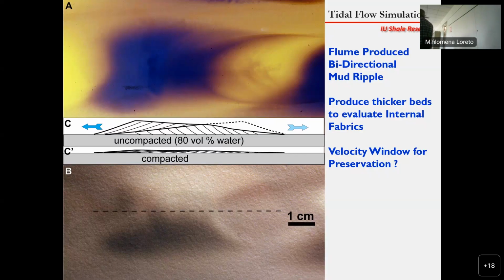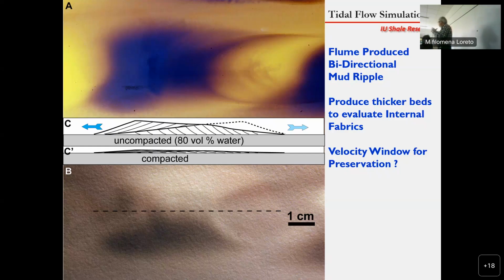We get beautiful ripples, with internal structure that is unlike any curve we ever saw in the literature. So we can actually take the flume and make imaginary sediments. Then we go back to the rock and we see if we can find them. Yes, we do.